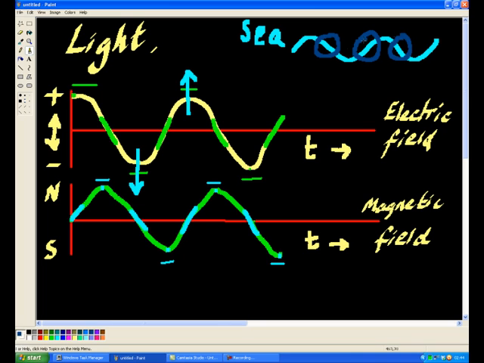And I said that the actual water was moving around in circles like this, even though the wave was moving forward like this. Okay. So the wave's moving forward like this, and the sea waves are moving this direction, but the actual water is moving round and round. Right? So you can sort of see that there's a sort of similarity here.